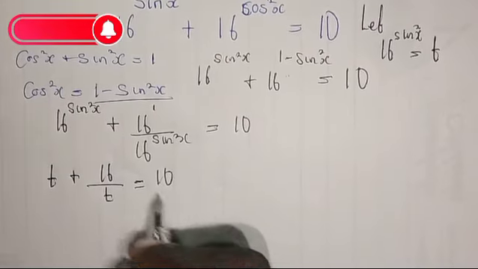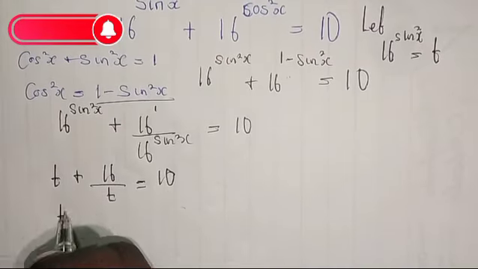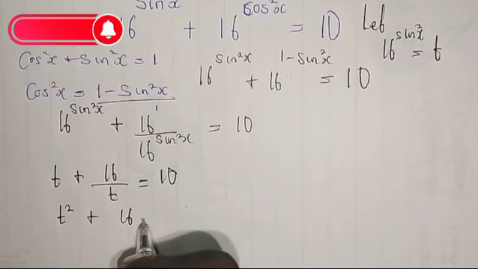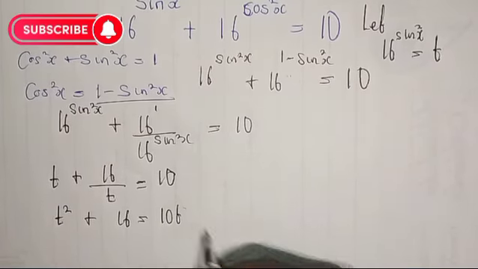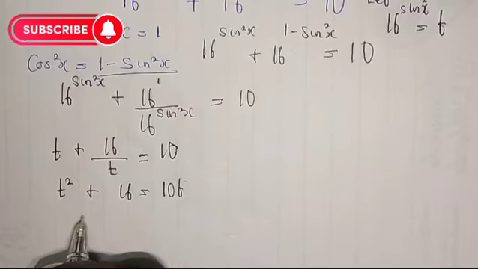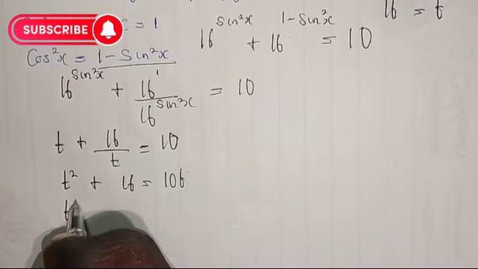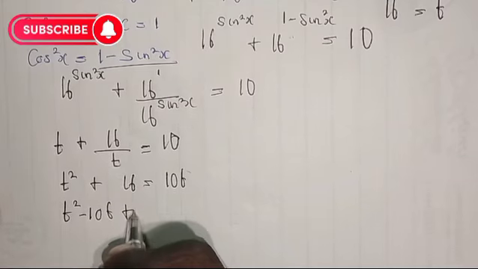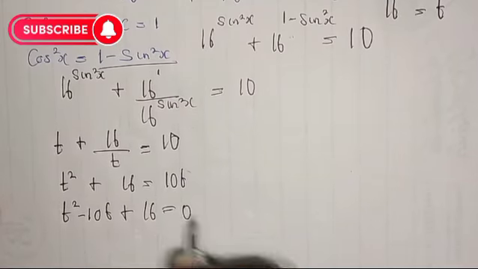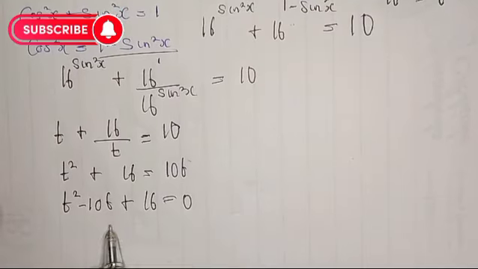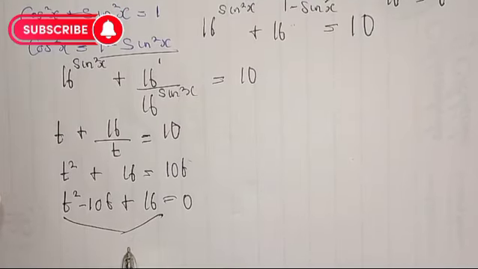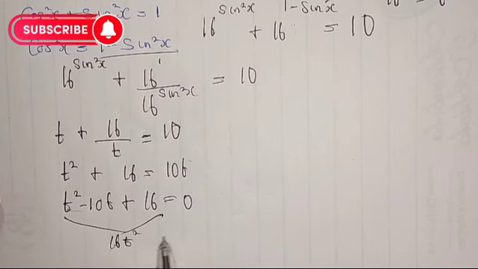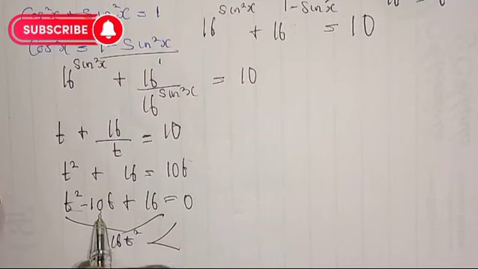Now, multiplying through by t, we are going to have t squared, here we are going to have 16, and here we are going to have 10t. So let's write this. We are going to have t squared minus 10t plus 16 is equals to 0, right? Now, what are the two factors using factorization method that you are going to multiply together that will give you 16t squared, and add together that will give you this?